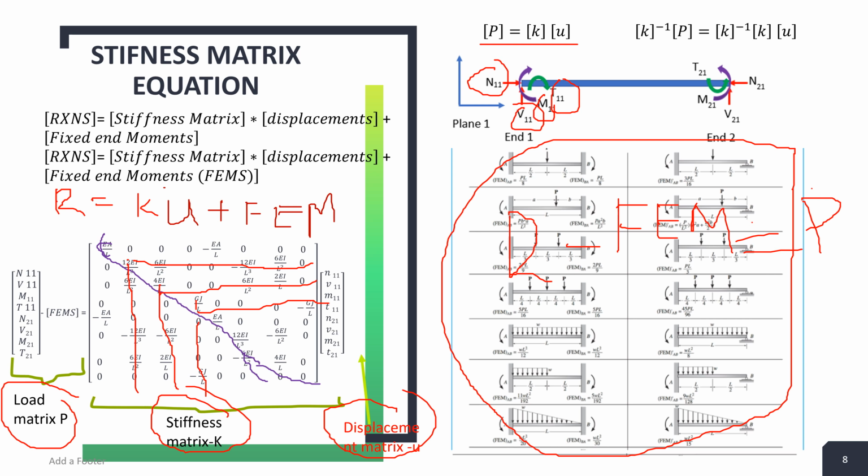To solve this, you take the inverse of the stiffness matrix and multiply it on both sides.